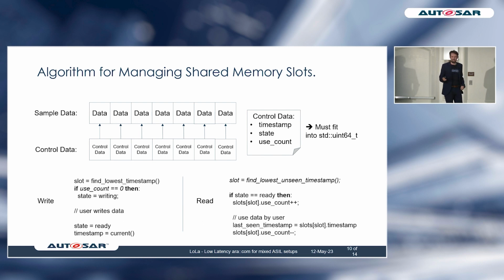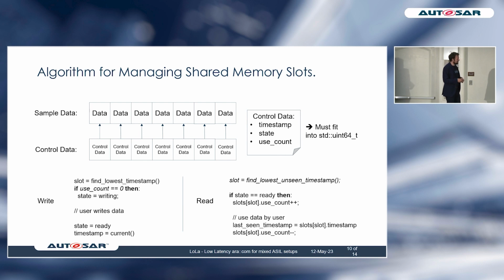The only additional memory consumption that we have, and that's in our algorithm, is that we always need n+1 memory slots, because you always want to ensure that the sender can allocate the next data. So that's why, yes, we have an increase, but in my opinion, 1 slot more is worth it.